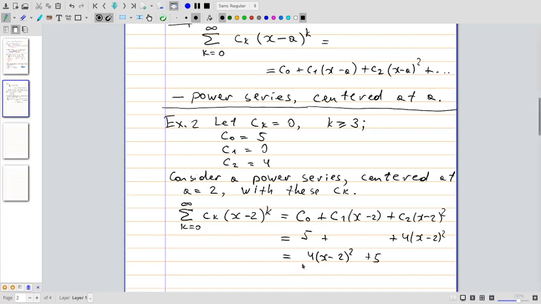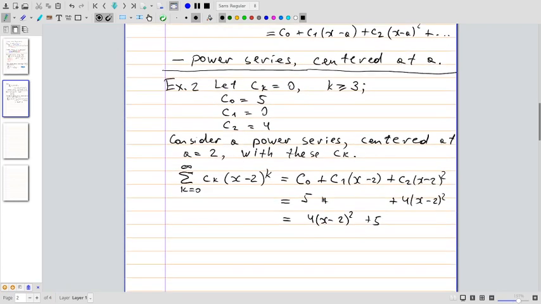So this is it. If you have a power series which has finitely many terms, you in fact have a polynomial. So this gives you another way of thinking about power series. Power series are somewhat like infinite polynomials.